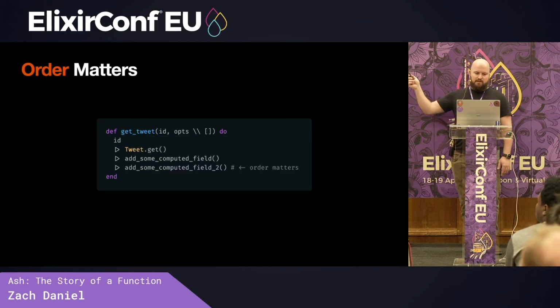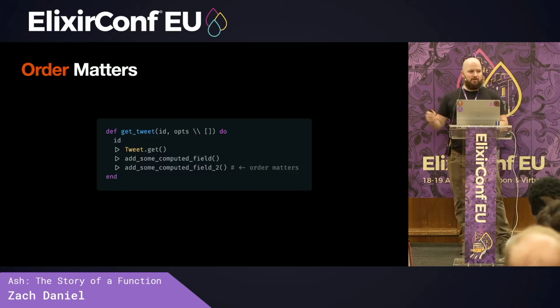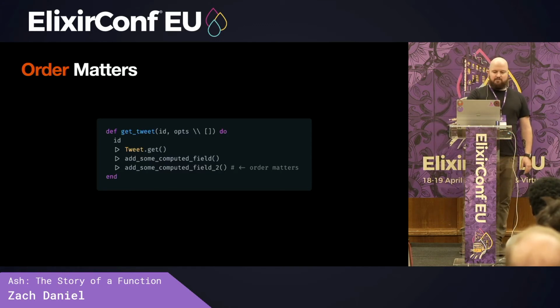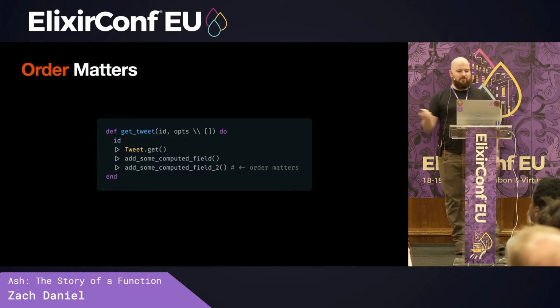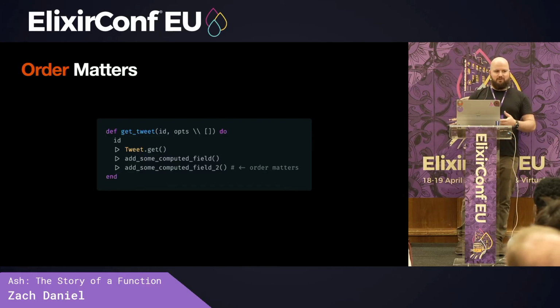Order matters. This is an example where we fetch a tweet from the database and we compute some property and then we compute some other property, right? And it's hidden from you looking at it here, but this computed field 2 is derivative of computed field 1. So if you were to come in and just change the order of these, you would have a bug, right?